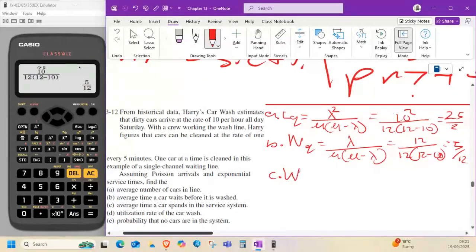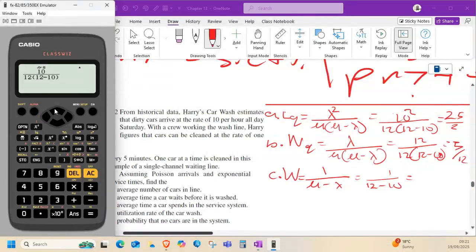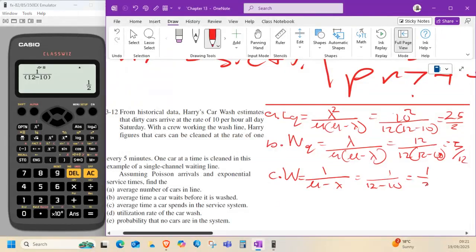That is your W equals to, I believe this is 1 over the service rate minus the arrival rate, and then equals 1 over 12 minus 10, which equals 1/2 hours. Average time.